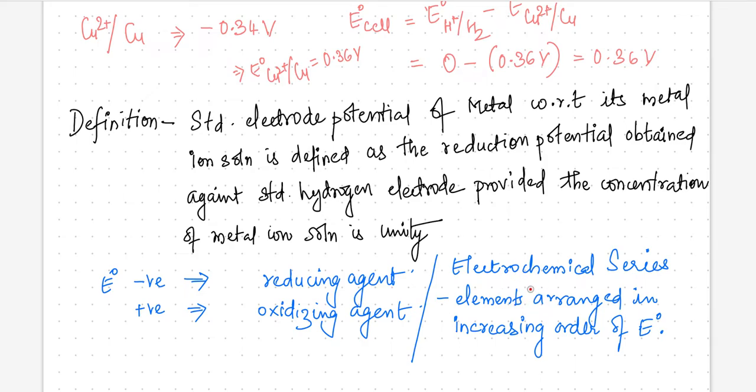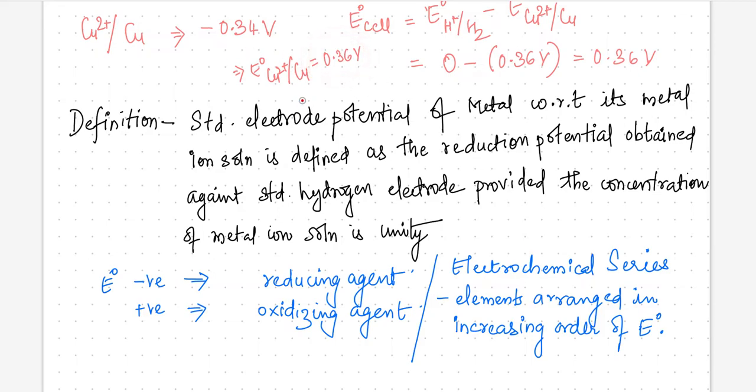So all those metals which have a negative value would be good reducing agents, and they would be able to displace hydrogen from the solution, and those having a positive value in comparison to the standard hydrogen electrode will not be able to displace hydrogen ion from the solution. Such metals, for example copper, have a positive value.